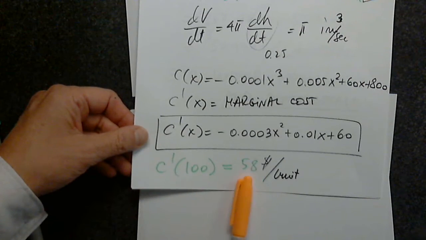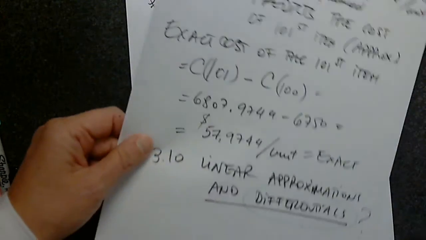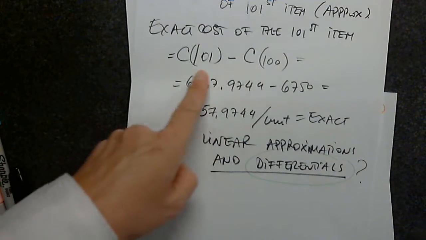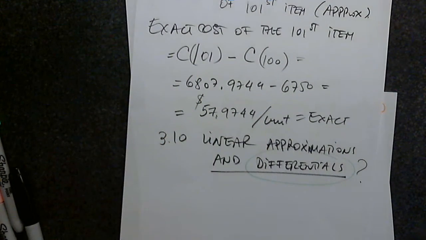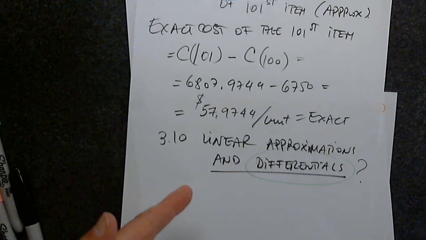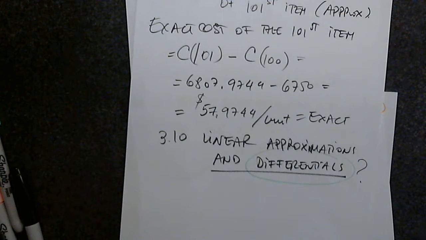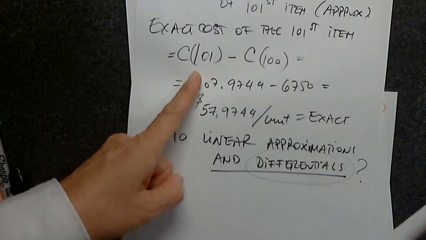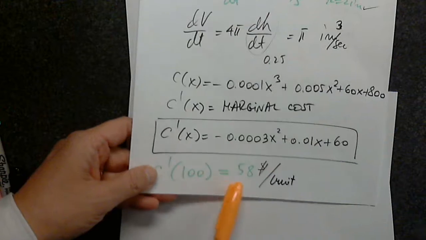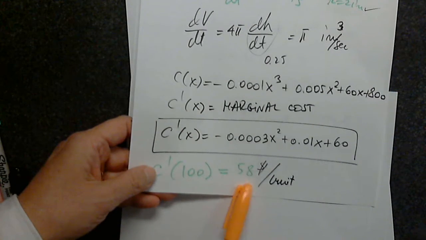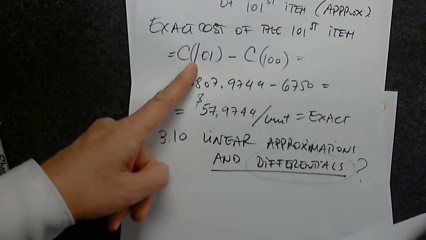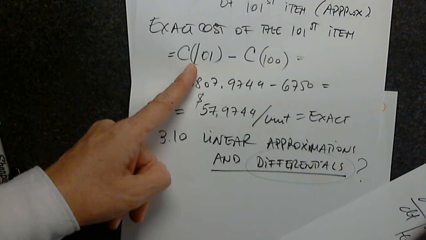This is dy. Okay? What is this? If it's the exact change, how did we call it? Delta y. So this is the delta y, and this is dy. dy is this, and this is the exact delta y.